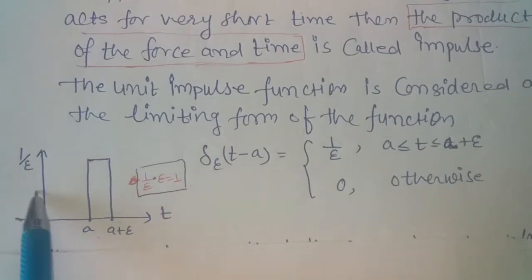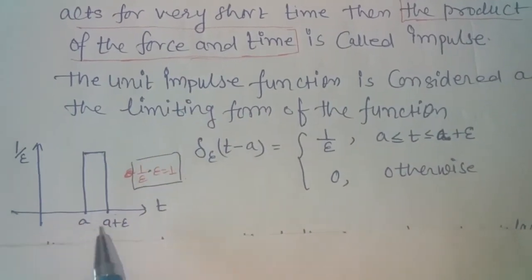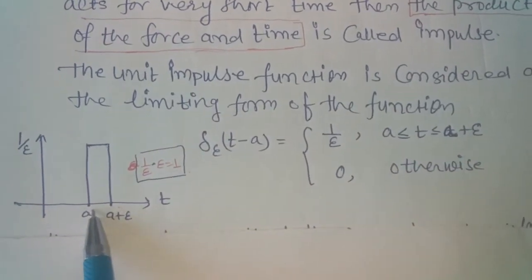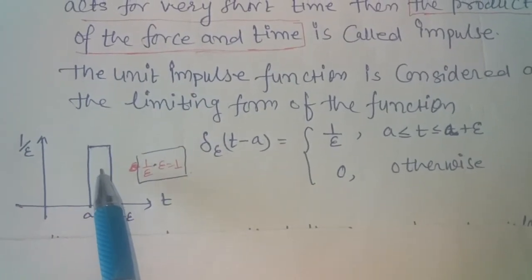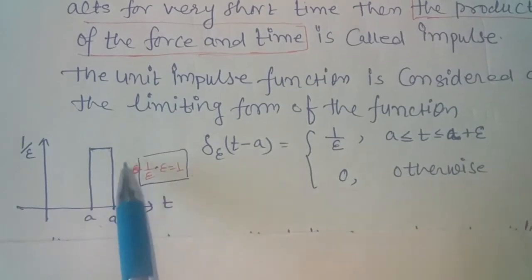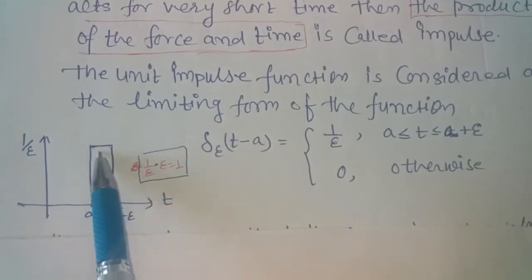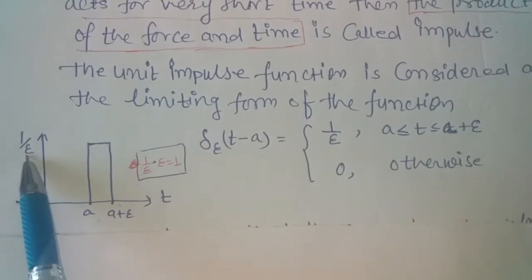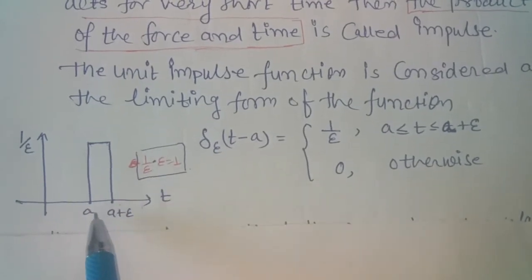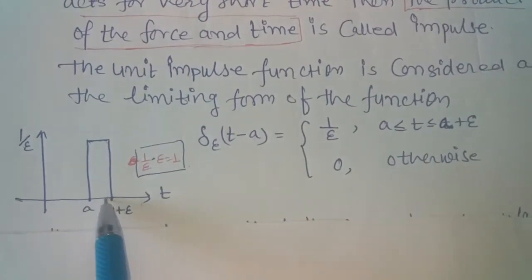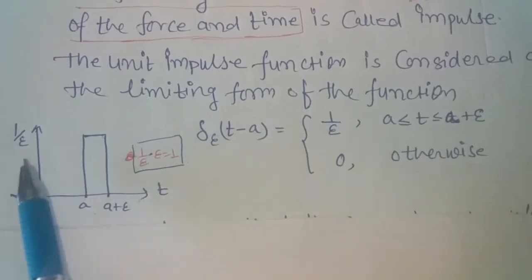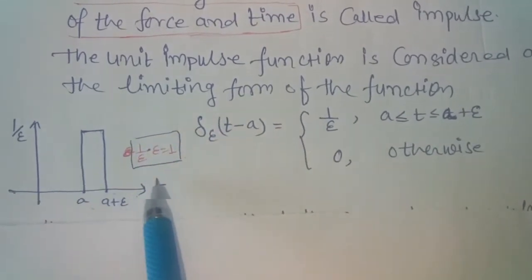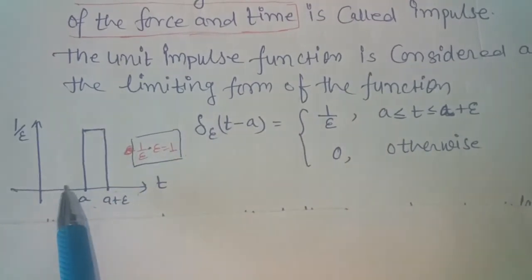So a large amount of force for a very short time period generates the impulse. Further, the area of this rectangle, that is the product of height 1 upon epsilon and width epsilon, always gives 1. In such a case, the impulse is called unit impulse.